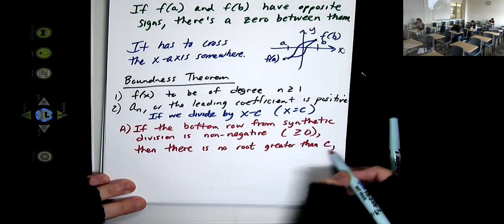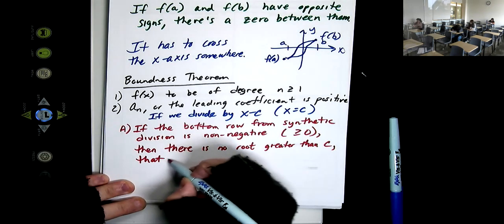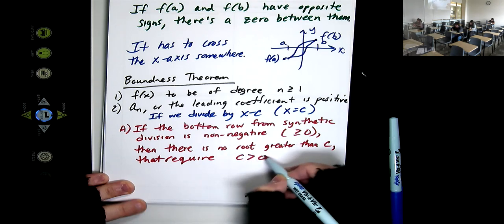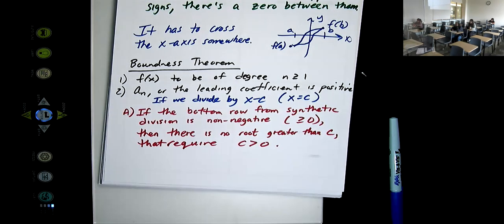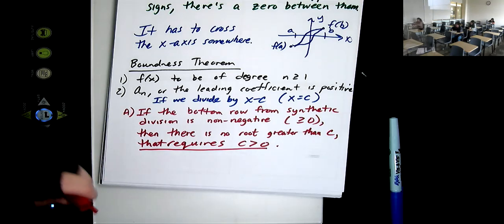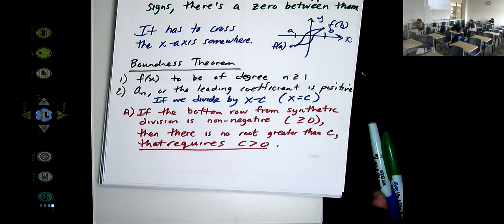That requires c to be greater than 0. That's a requirement, sorry. That's an important fact that I omitted. If it's negative, we do introduce a way to change signs.